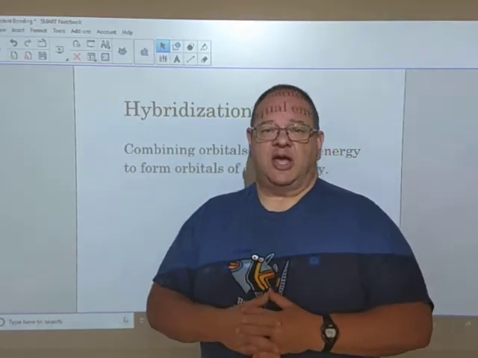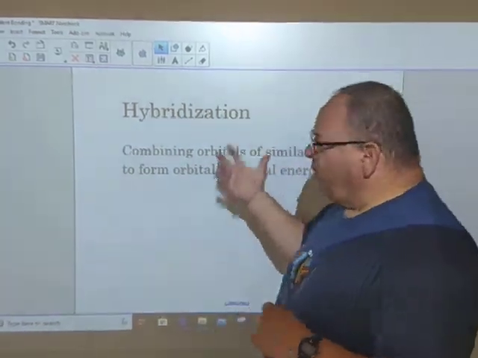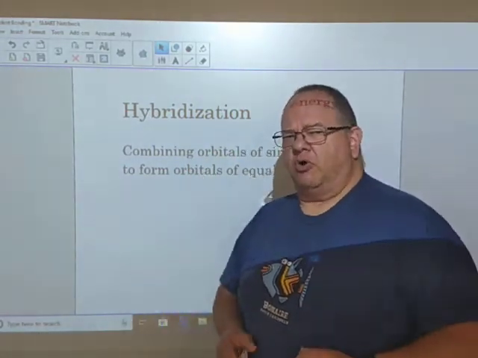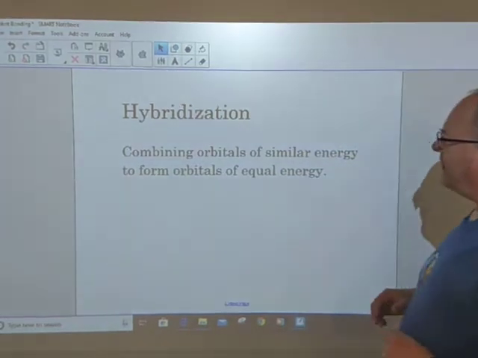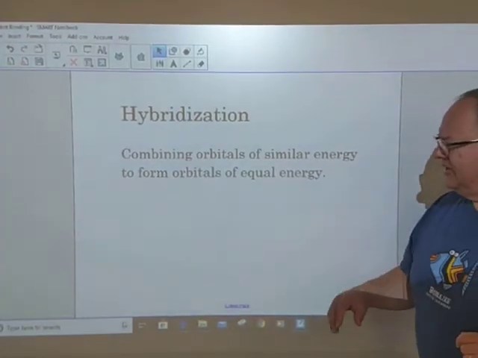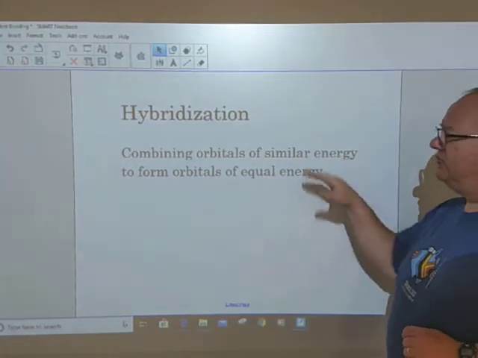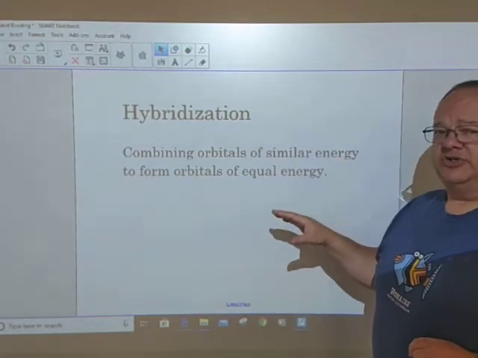Okay, that's the concept of hybridization out there. Now we're going to talk about that in terms of atomic orbitals or molecular orbitals. And the basic idea is, let's think about combining orbitals of similar energy to form orbitals of equal energy.